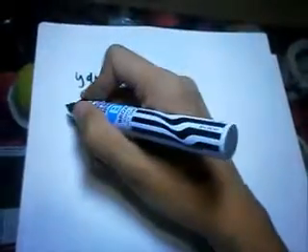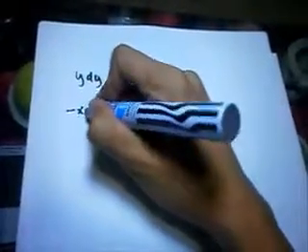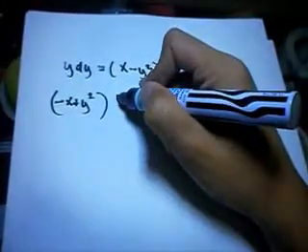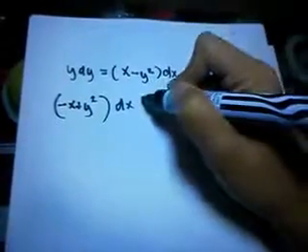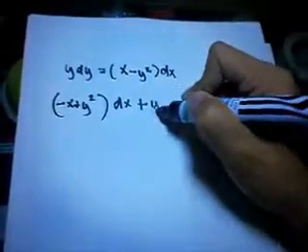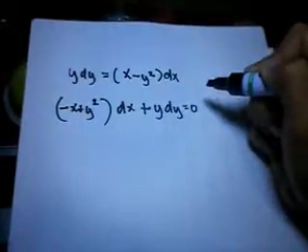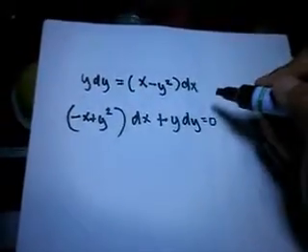So we get negative x plus y squared dx plus y dy is equal to 0, right?